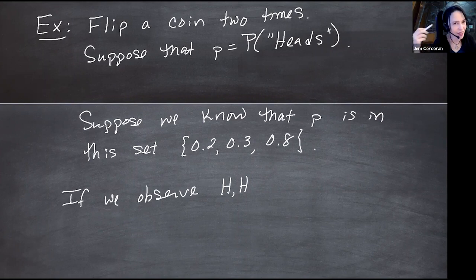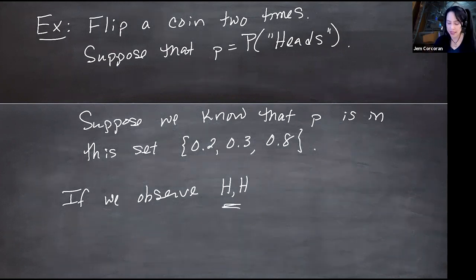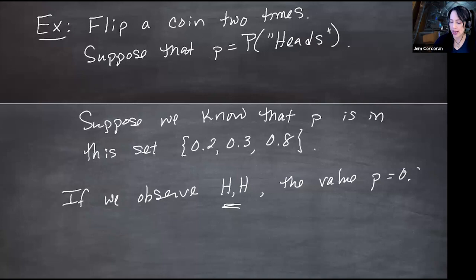Even though I don't have a lot of evidence here, I do have what I have. I've never seen tails. So looking at this, and I'll formalize this, the value p equals 0.8 is most likely, not mostly likely, most likely.